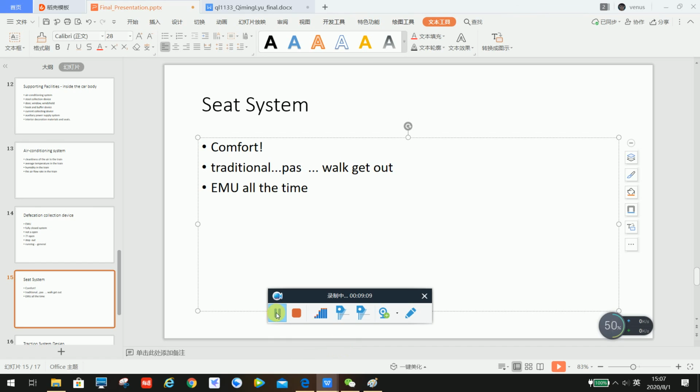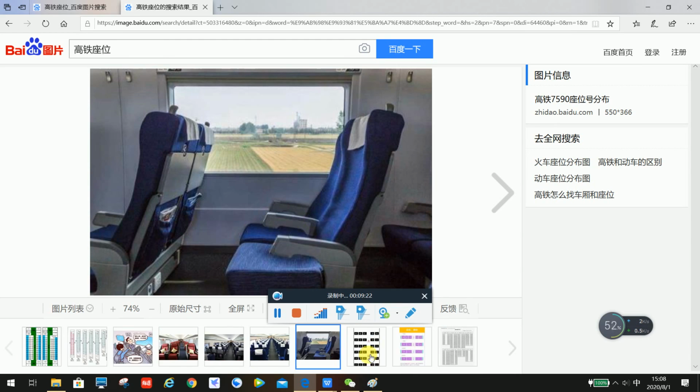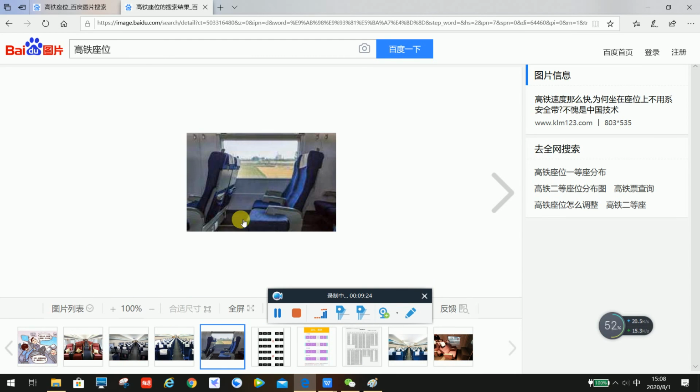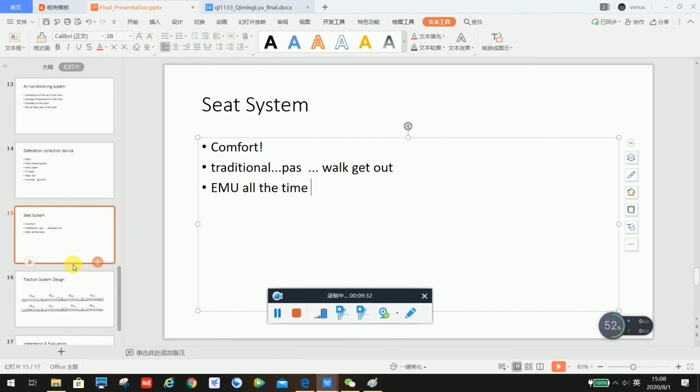Yes, we can look at this seat. It has much space for the legs, right? So the system is very important.